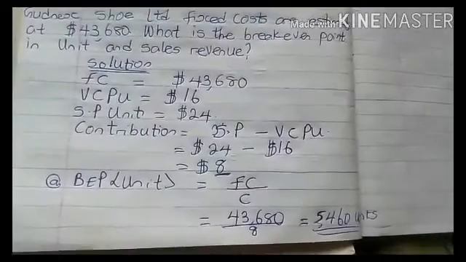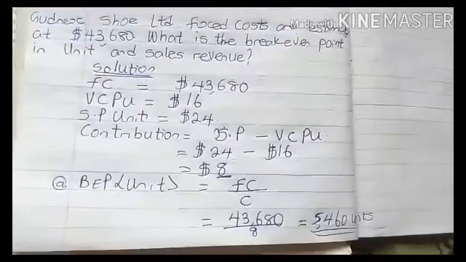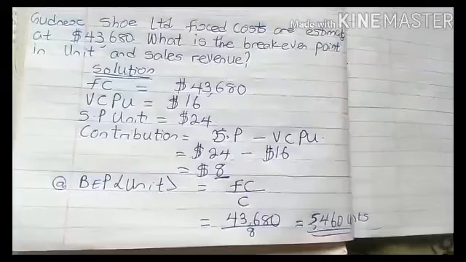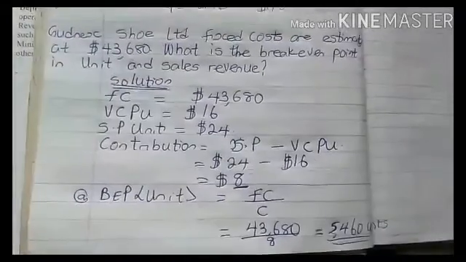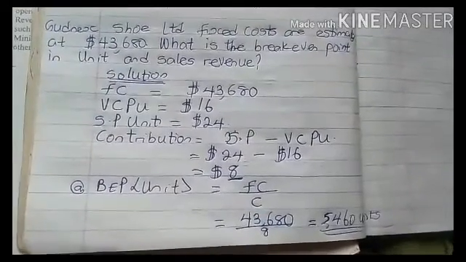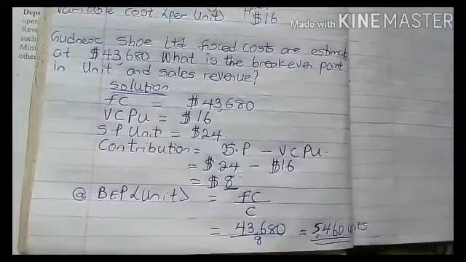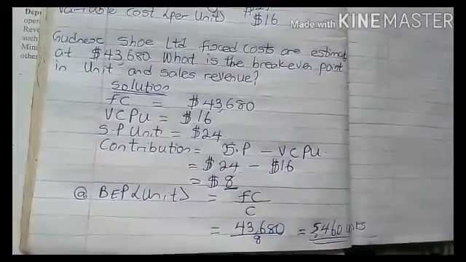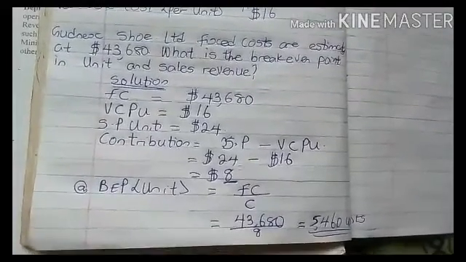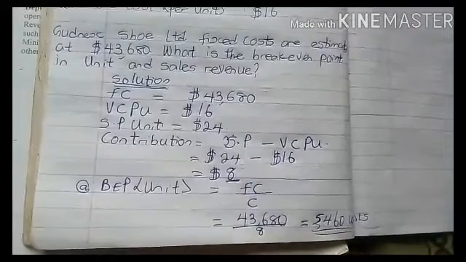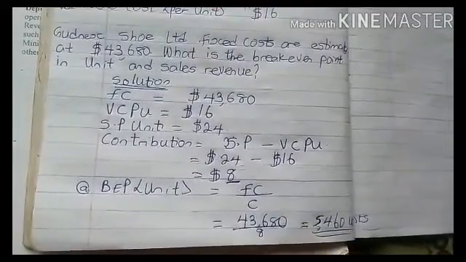That's our break-even point. That is, for a company to make no profit or loss, it has to produce 5,460 units. For the company to break even, it has to produce 5,460 units.